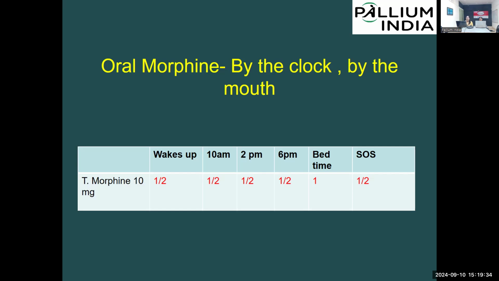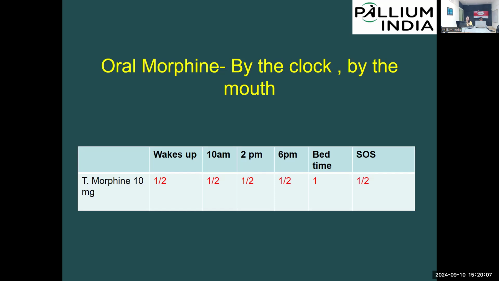And the patient should also be given a 5 milligram SOS dose. In between, if the patient has pain, the patient can make use of that. So for this patient, we have started him on tab morphine 5 milligram 4 hourly, 10 milligram at night, and 5 milligram, the same dose, as SOS dose.